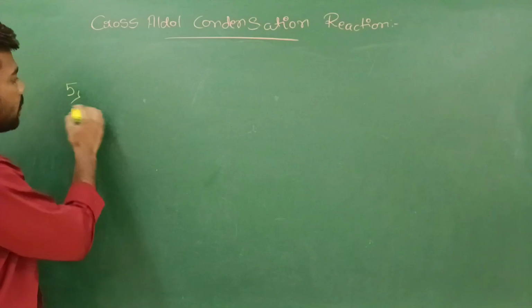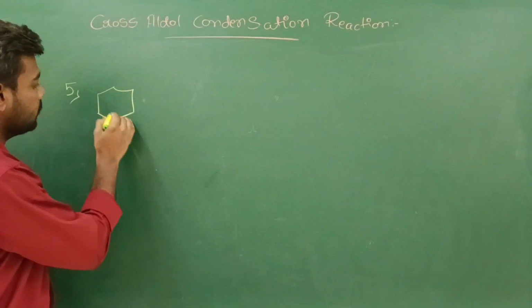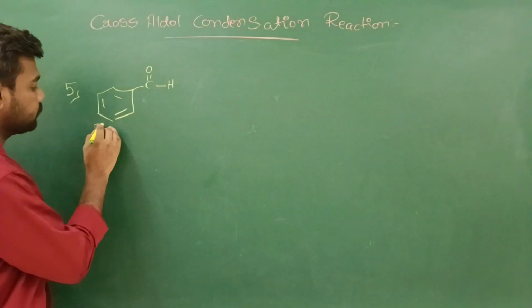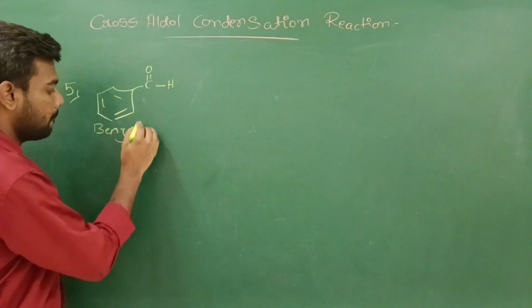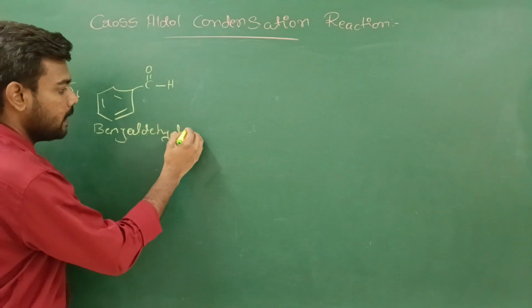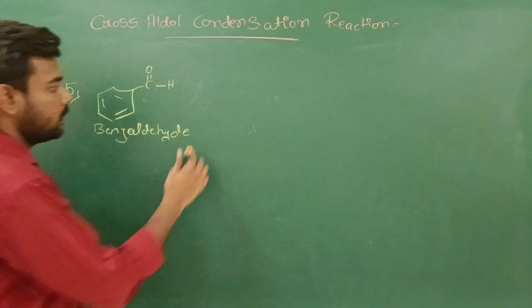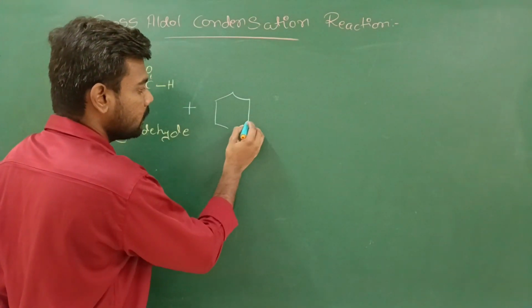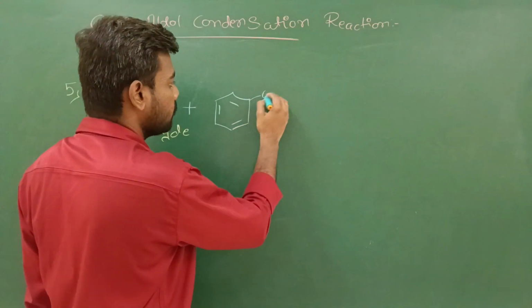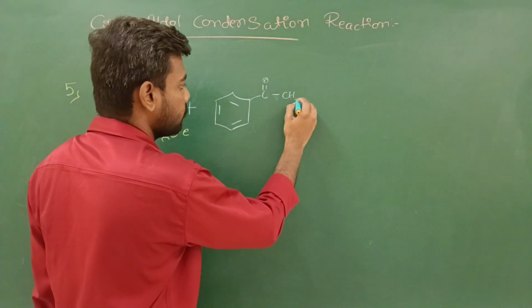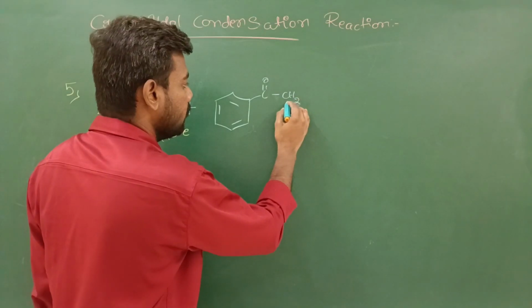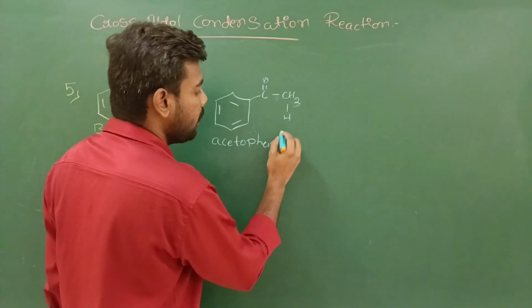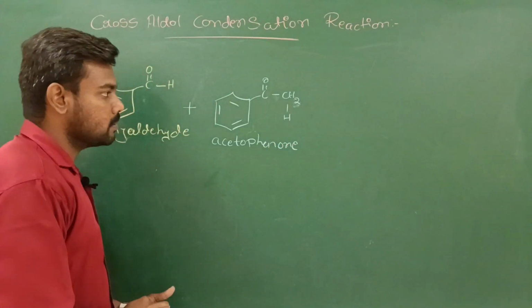The next example is when benzaldehyde is reacted with acetophenone. In acetophenone we have alpha hydrogens.